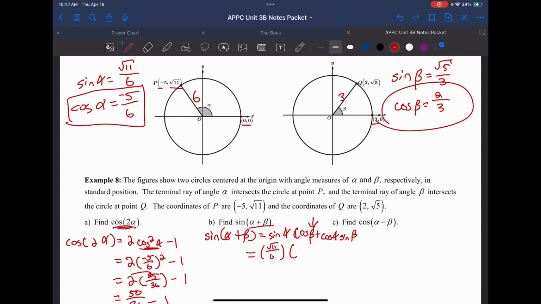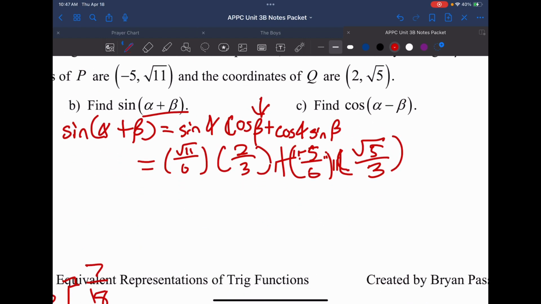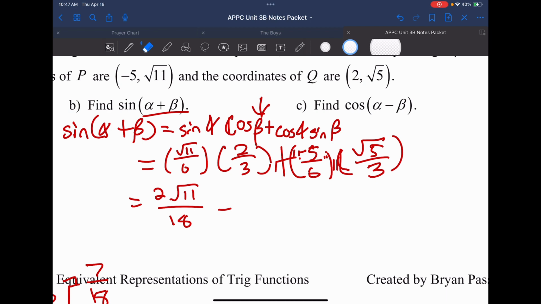Cosine of beta is right here, 2 over 3, plus cosine of alpha is negative 5 over 6 times square root of 5 over 3. So I'll multiply those across. Sorry, my pen's going crazy. 2 square root of 11 over 18 minus, it's not a negative. My pen just doesn't want to work.